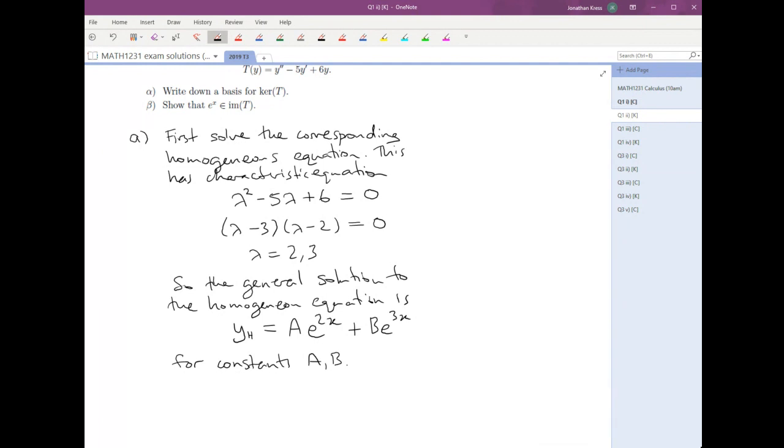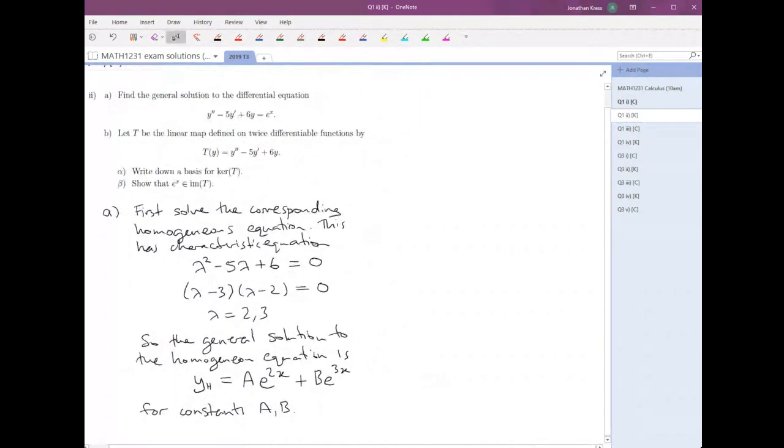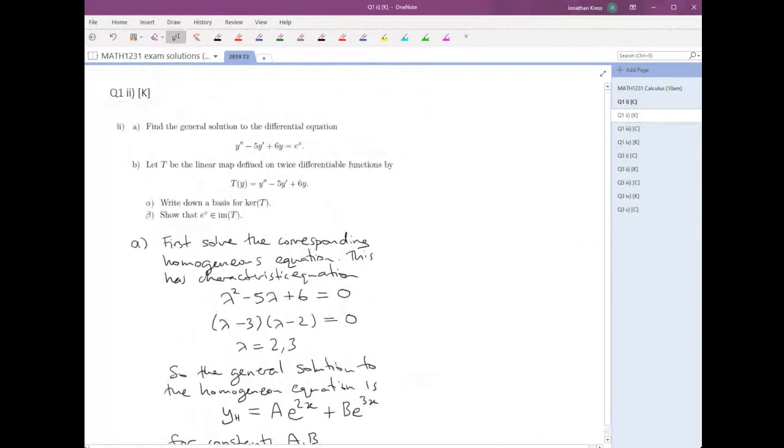Now the next step in this process is to find just one solution to the original equation. I might try and put this all together, so I'll work over here on the right.